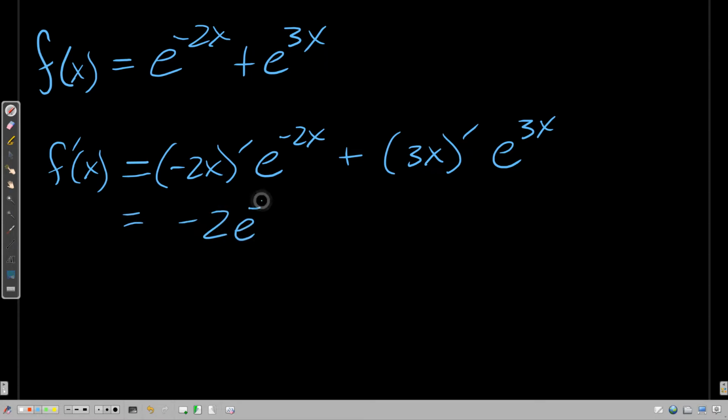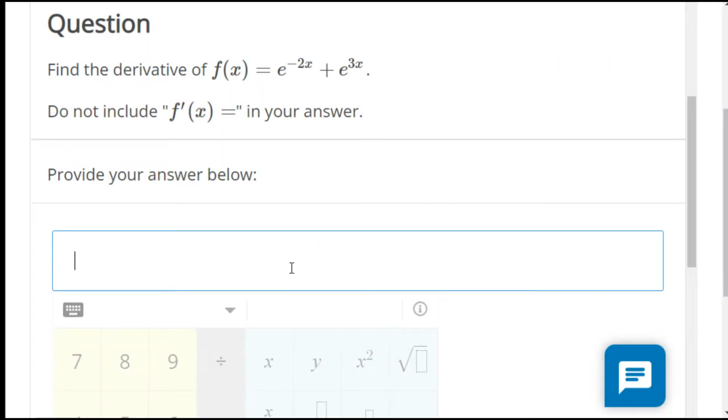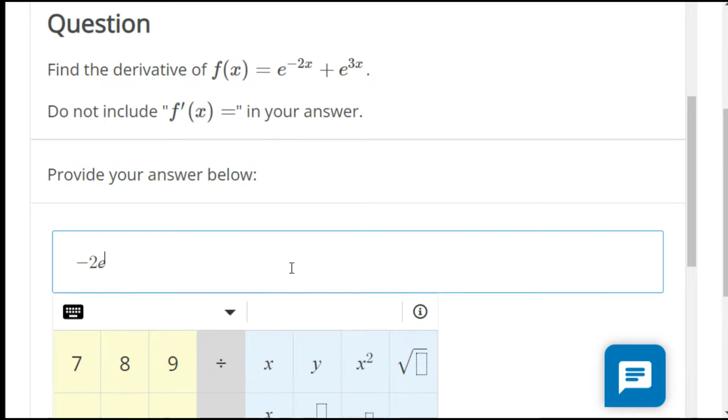You get minus 2e to the power of minus 2x plus 3e to the power of 3x.